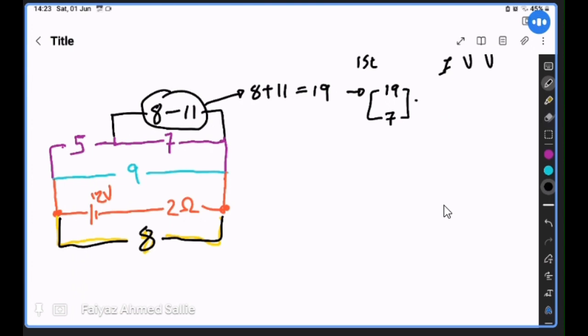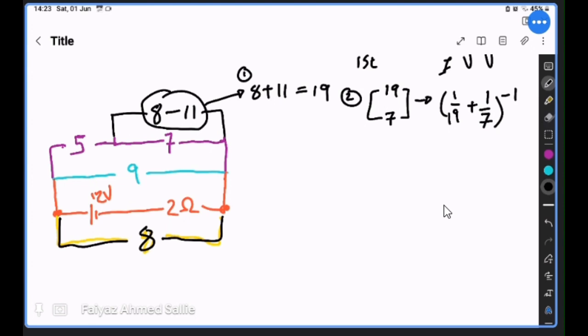So we're going to add those two. So we have 1 over 19 plus 1 over 7 to the power of minus 1. So that's the first one.